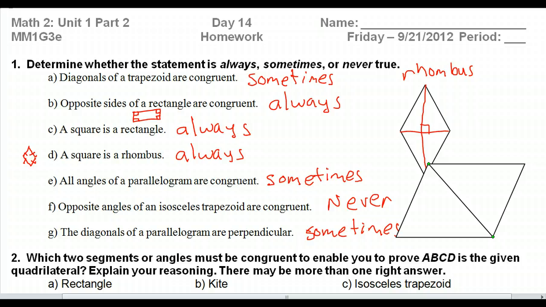The more I turn this into a rhombus, the more you can see that now it looks like these diagonals are perpendicular. So if it's a rhombus, the diagonals will be perpendicular. If it's not a rhombus, the diagonals will not be perpendicular. So that's why for a parallelogram, the diagonals are sometimes perpendicular.